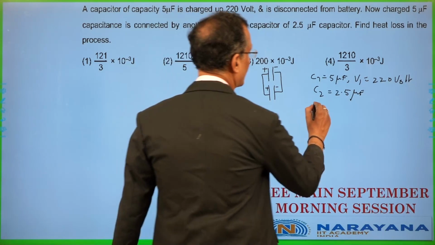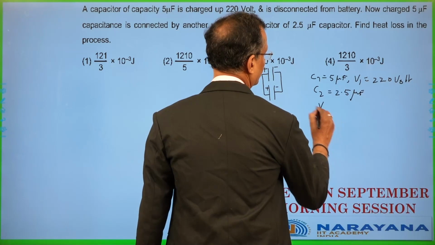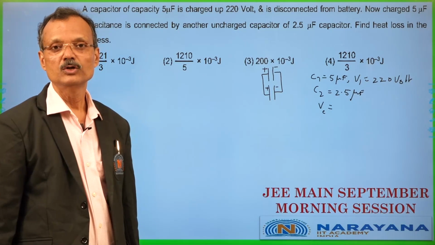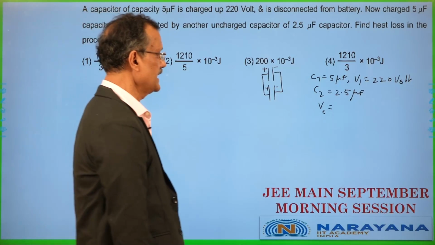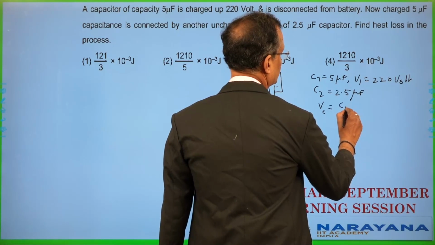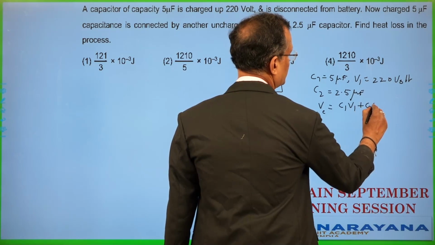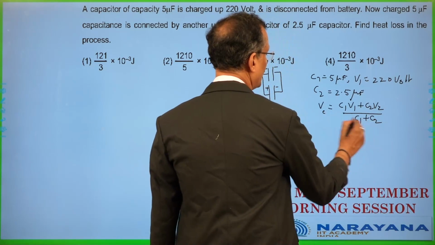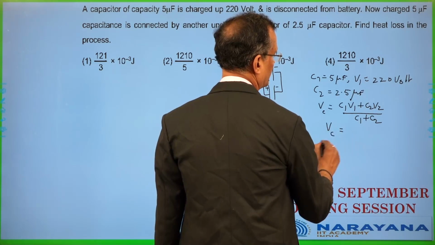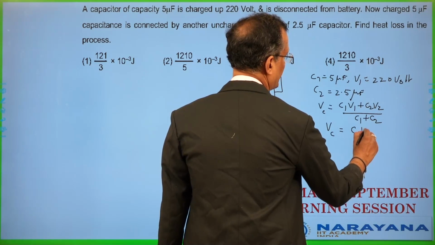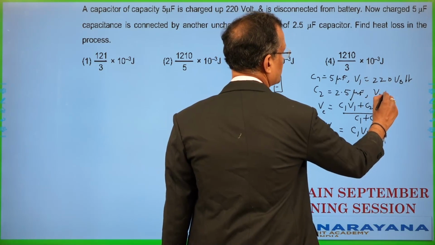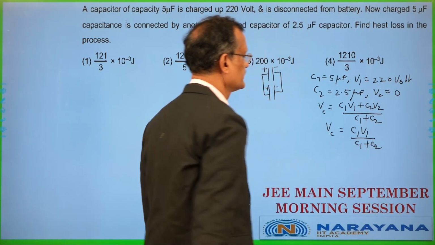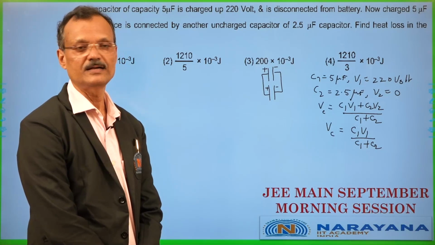So first we go for V common, which equals Q net by C net: C1 V1 plus C2 V2 by C1 plus C2. Here V2 is 0. Clear to you? Understood now?